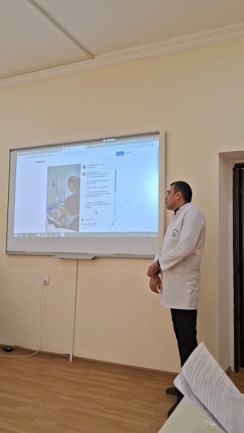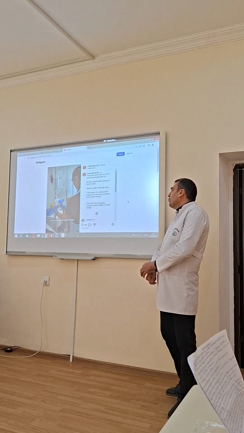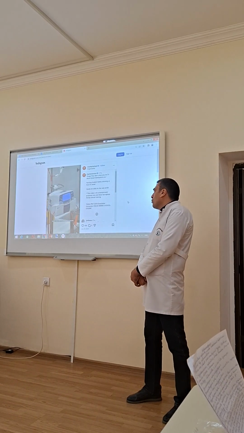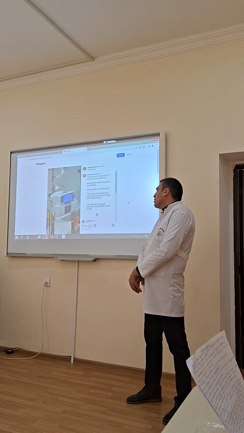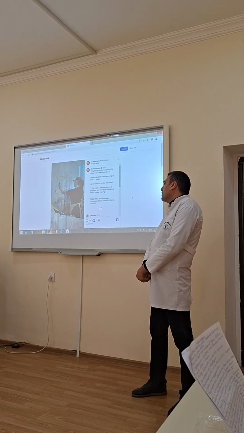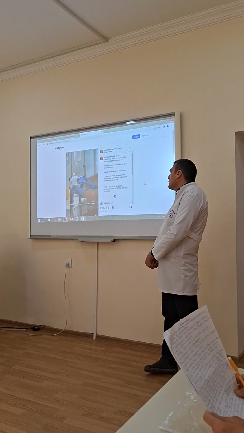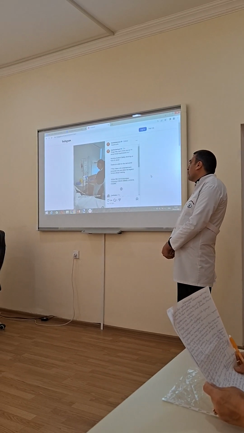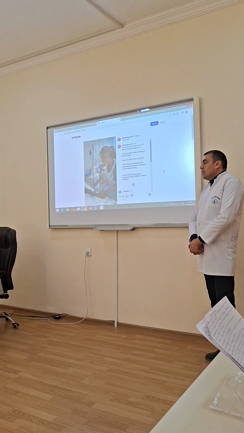Exchange blood transfusion. This method involves a partial or full drainage of the patient's blood and replacement with an equivalent volume.